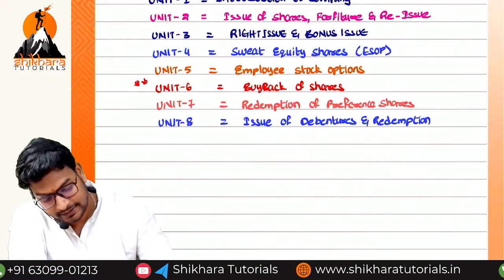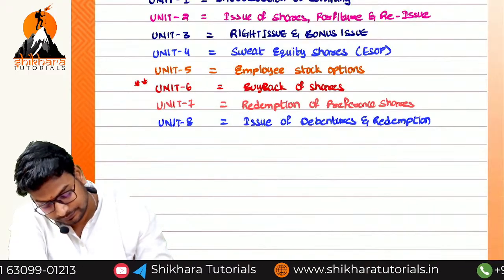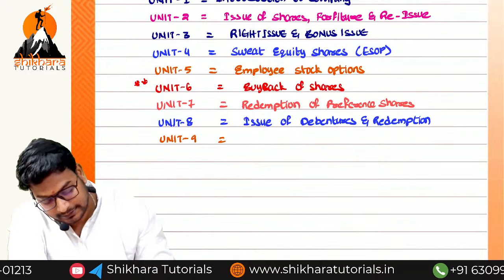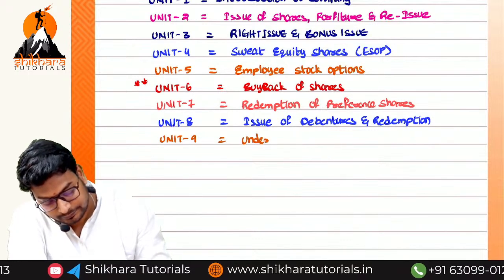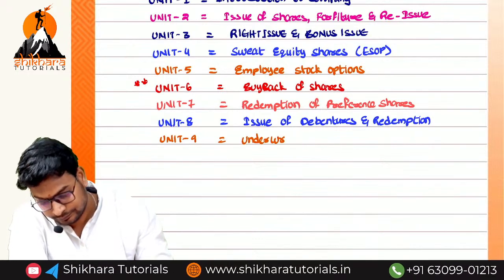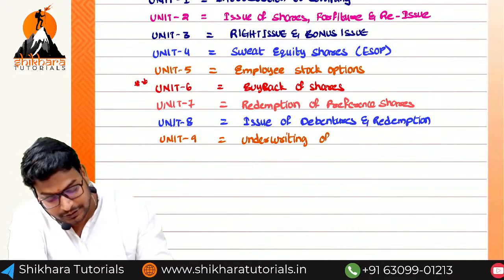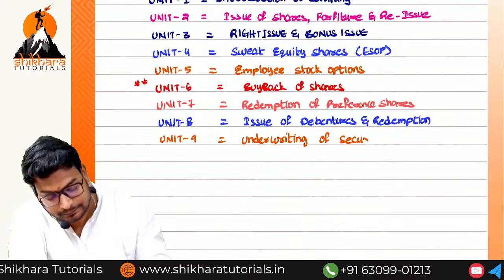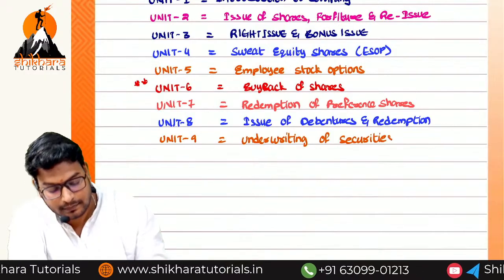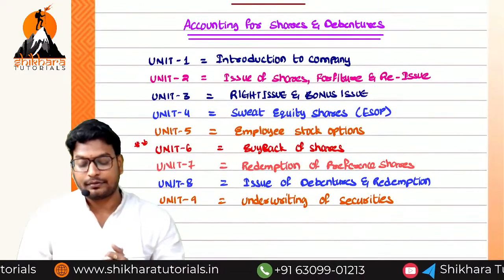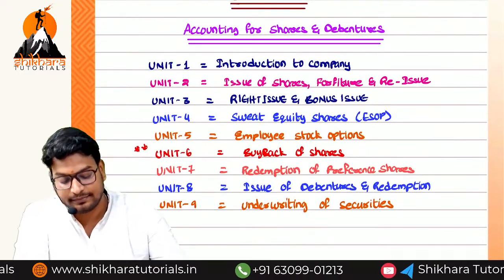Next, unit 9, the last one: underwriting of securities. So these are the 9 units we have in chapter 1, accounting for shares and debentures.